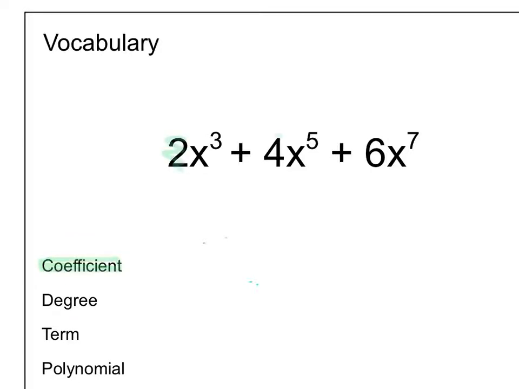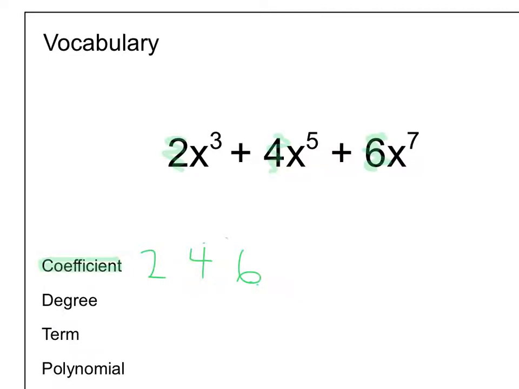A coefficient is the number in front of your variable, which is multiplying. If you look, there's an invisible math multiplication between the 2 and the x, between the 4 and the x, and here. So our coefficients in this polynomial are a 2, a 4, and a 6.